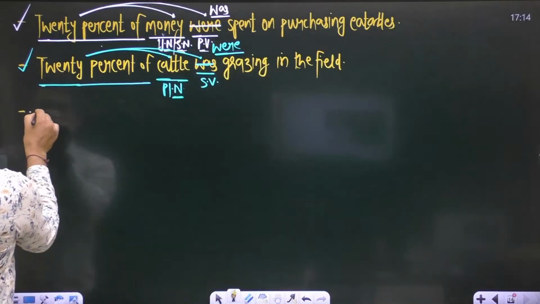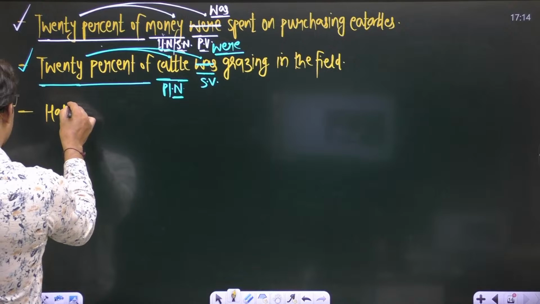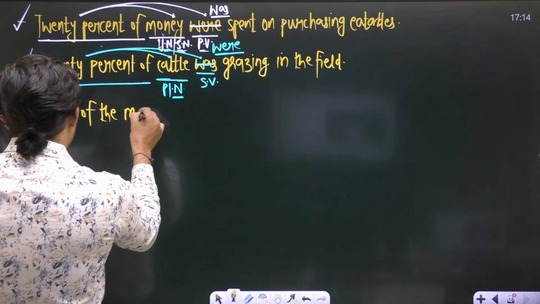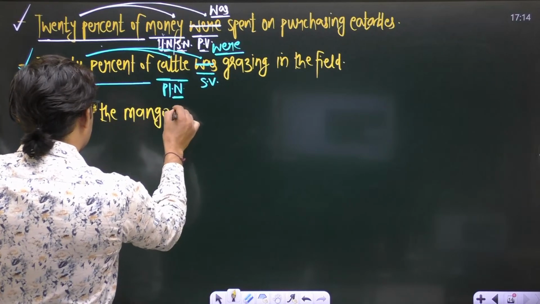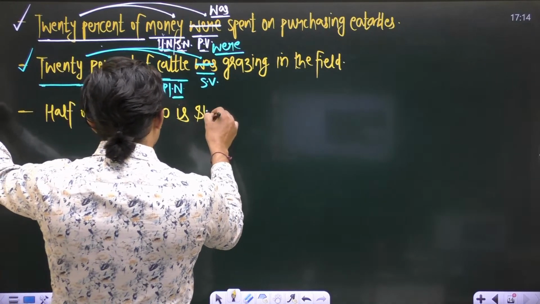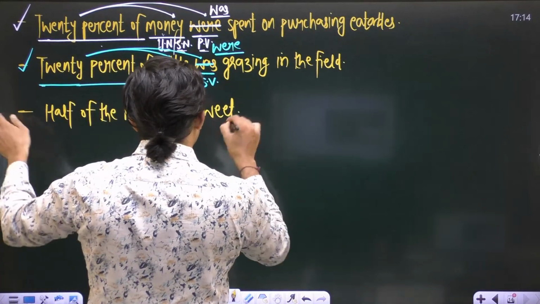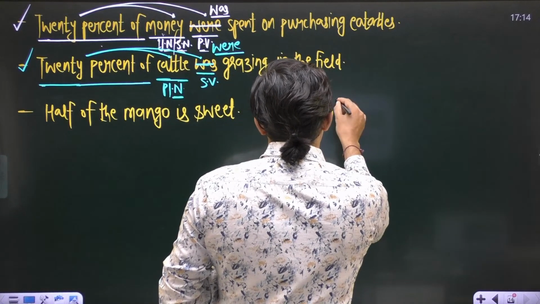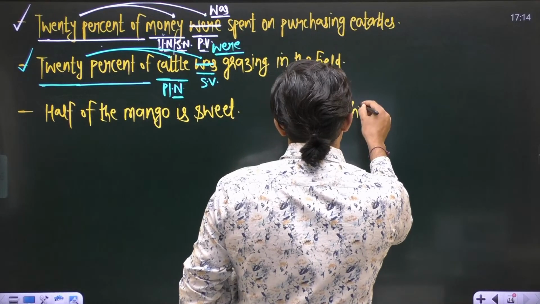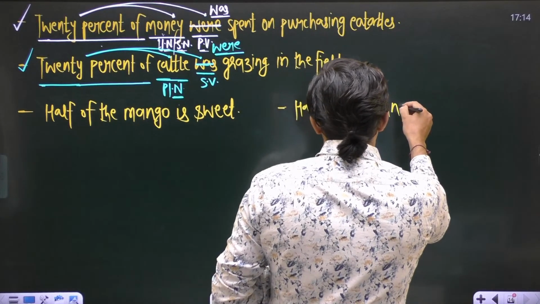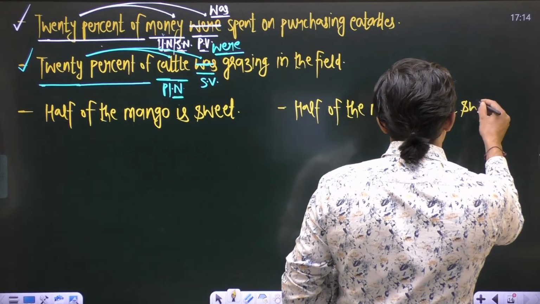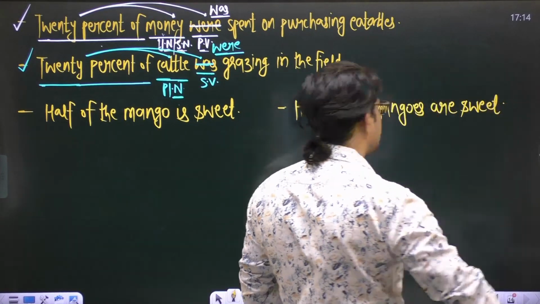If I say half of the mango is sweet, right? And the second one is half of the mangoes are sweet, right?